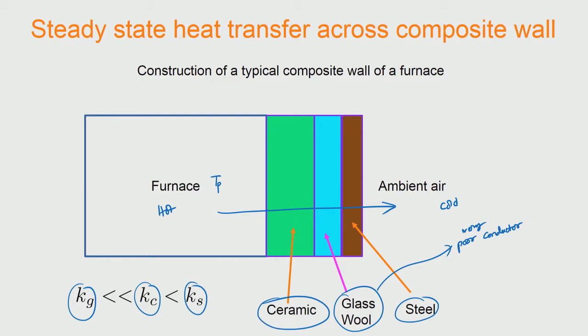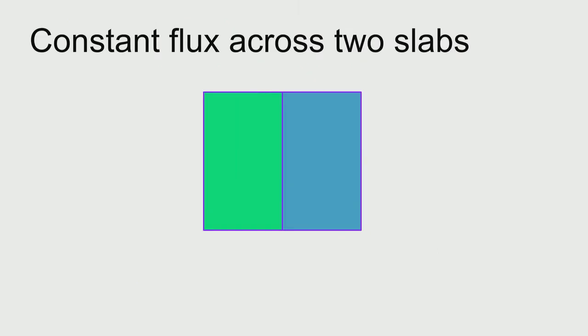So, we will look at how to go about drawing the schematic temperature profiles across the furnace. For that, first let us look at how to draw the situation when there is a constant flux across the slabs.